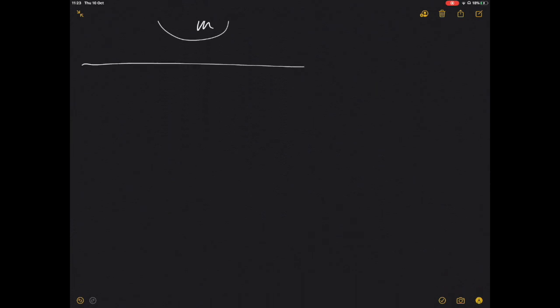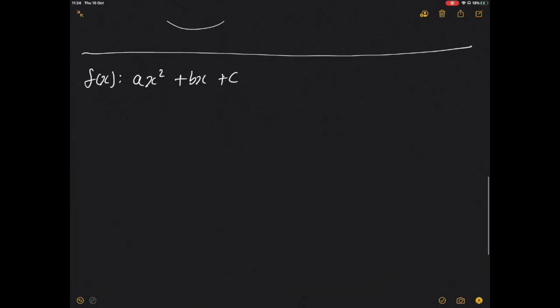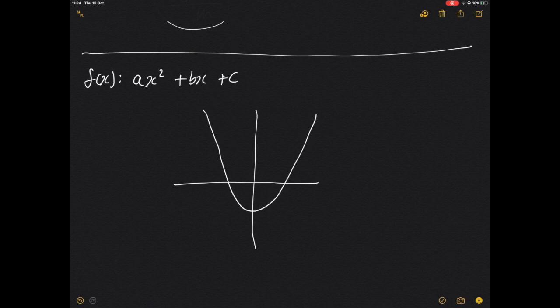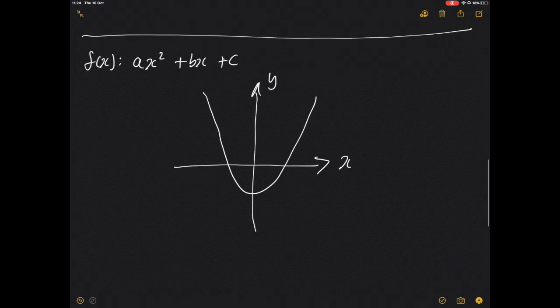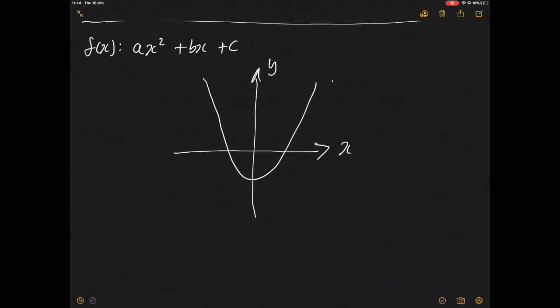Next, I talked about a quadratic equation, or a quadratic function, which we often see in this format. If we were to plot this, typically a quadratic looks a little bit like a U shape, like this. So if we put this y and x, we can now say that this is the function ax squared plus bx plus c.